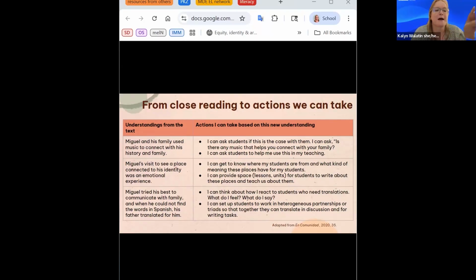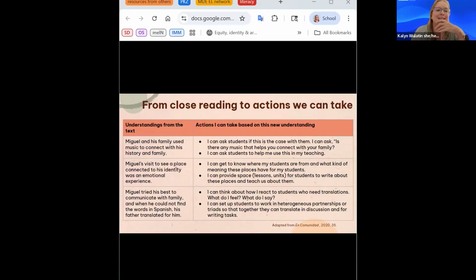And the students saw videos about it and did some identity work. But the interesting thing was all the students were doing this thing, right? Understandings from the text, what they pulled out, and then actions and things about themselves.